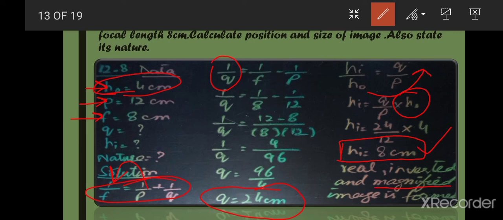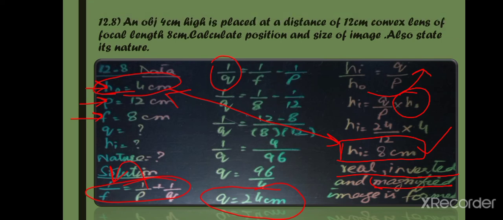We can say it is magnified. As the lens is convex, it will make real and inverted images, and from this comparison we can see that a magnified image is there. So the nature of image will be real, inverted and magnified.